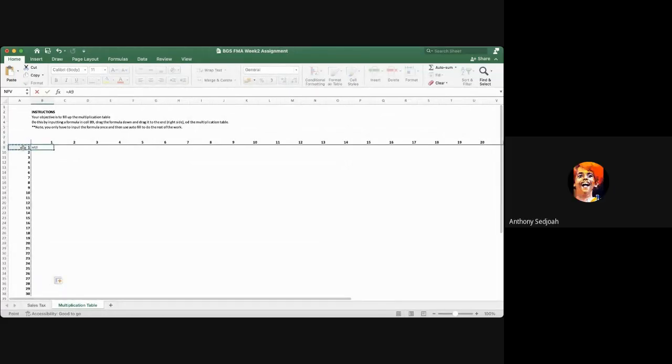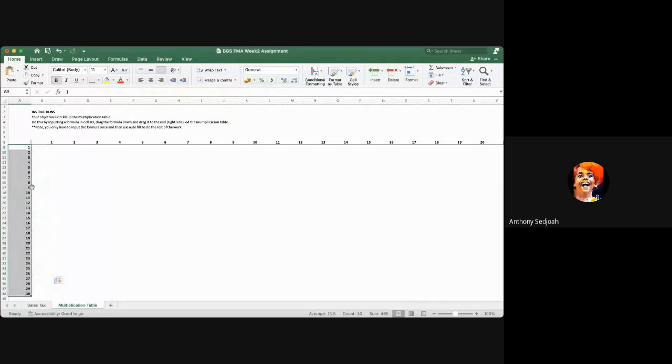Me personally, I don't know the formula of it, so I start by doing it. If it doesn't work, then I'll see where the error was, then I'll go and fix it, then I'll do it again. So I know that in the first row over here, I need to multiply each of the numbers here by 1. So let me see. This times 1. So let me drag down.